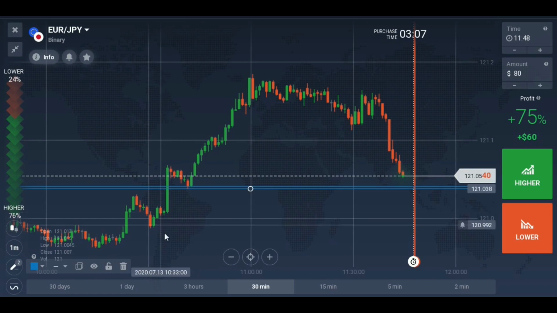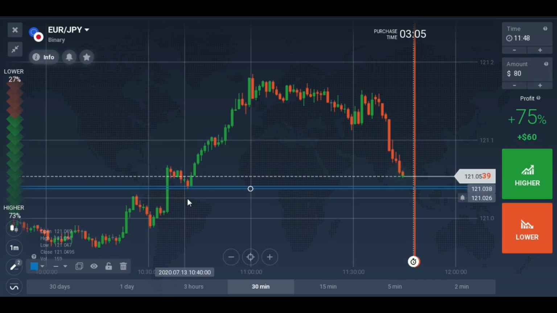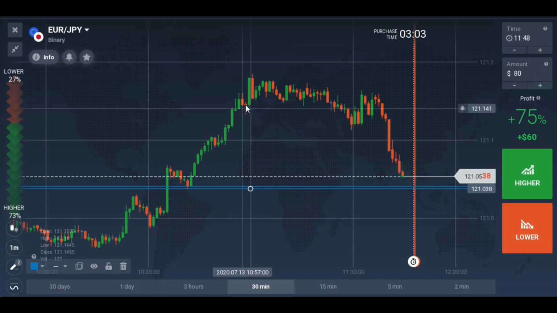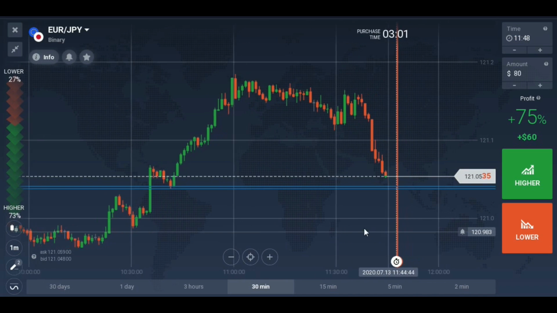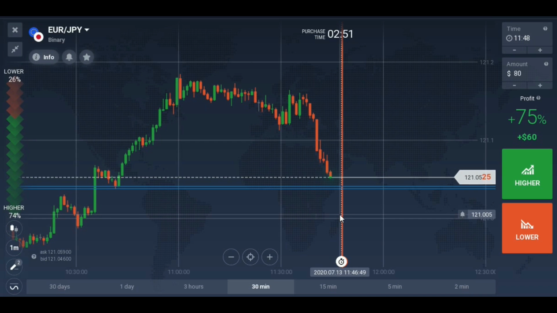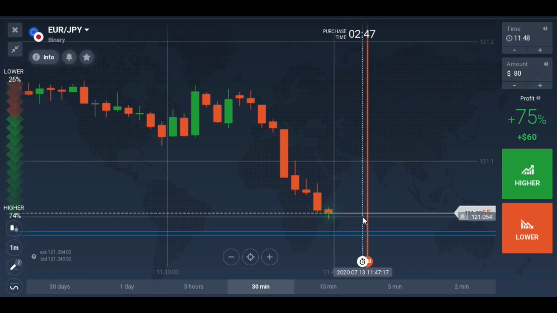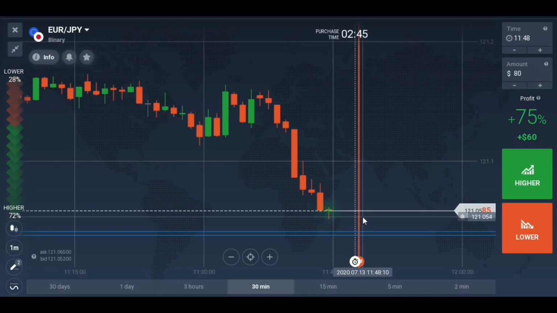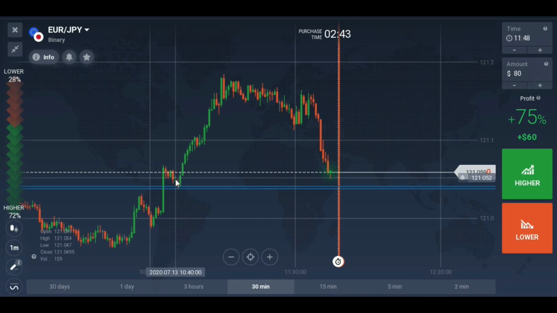So this is a strong level, it is clearly visible. The bounce was really big. So we will wait for the market to reach this level, and if there is a good candlestick pattern formation, then we will take the trade in the direction of the retracement, opposite of the downward trend, because this is a good support level.